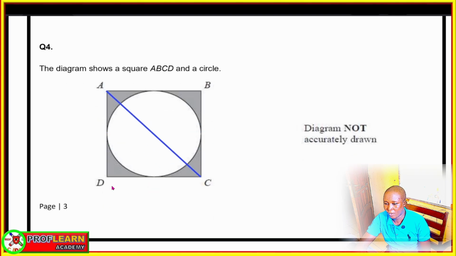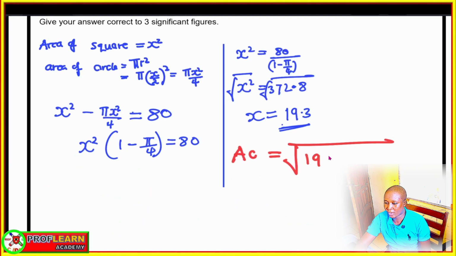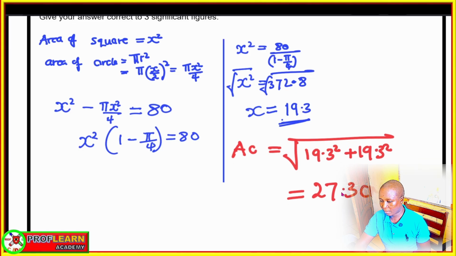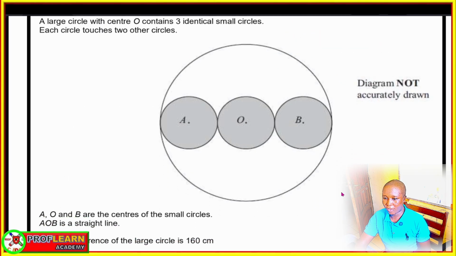You can see now that if this is 19.3 and this is 19.3, then we can use Pythagoras' theorem in order to work it out. If we work it out, we shall get around 27.3 centimeters. So AC, which is the diagonal, is 27.3 centimeters.